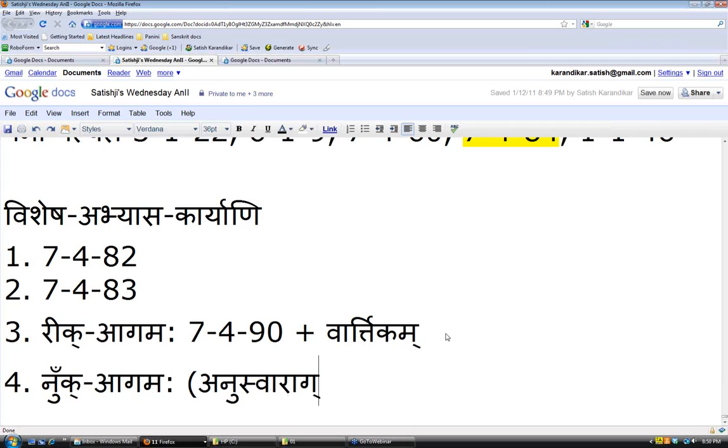Anuswaragamaha. So this is by the vartikam.